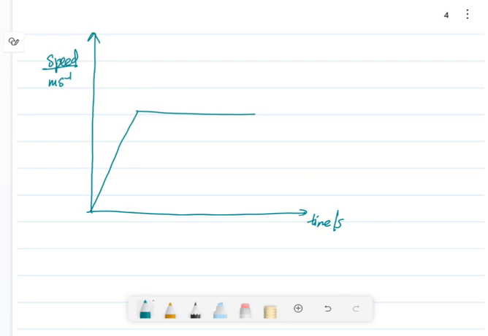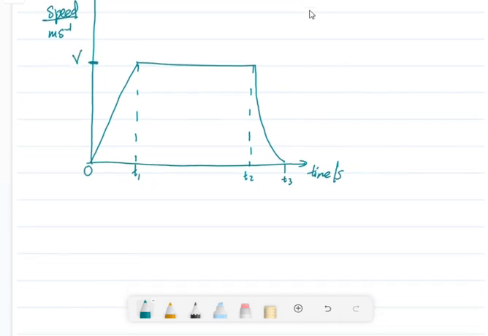I'll start from here, go up, then like this, and then I'll just go straight down like that. Super. So what happens normally, we put some values of t there, so I'll just put t1 at this point, and then I'll put t2 at this point, then I'll put t3 at that particular point. This is 0, and then maybe I can put v there. These will be represented by numbers.